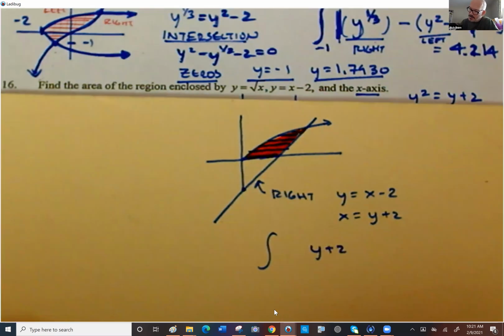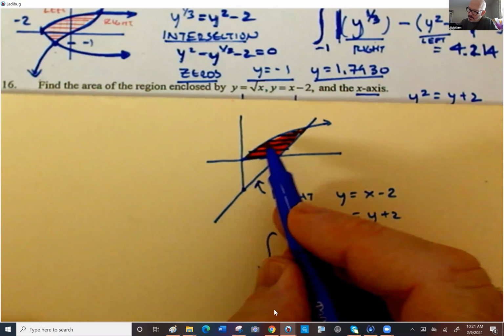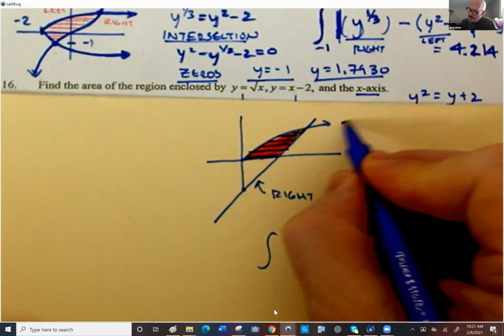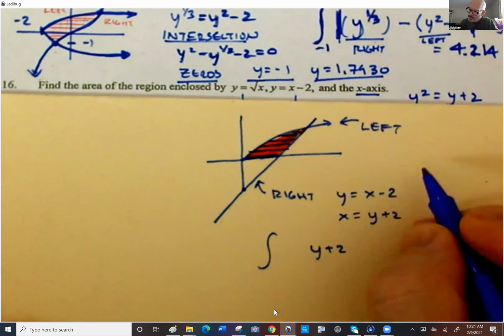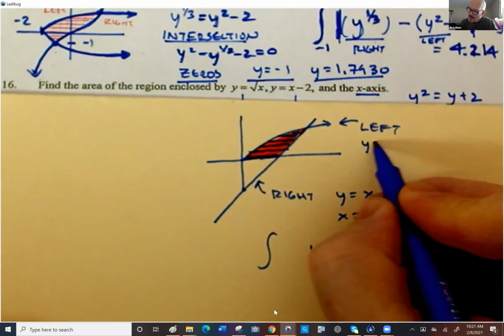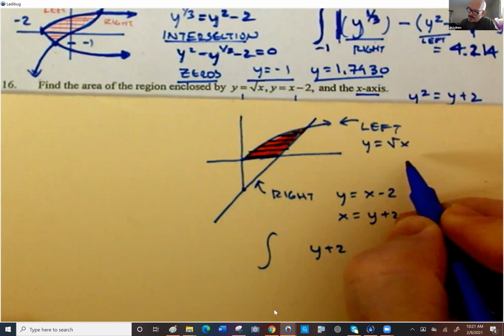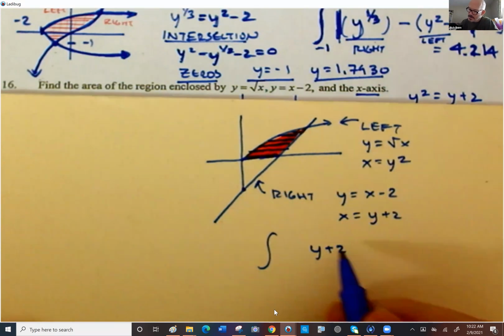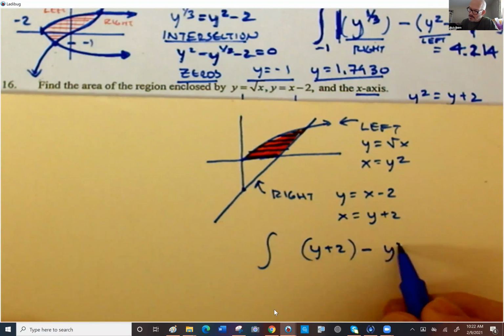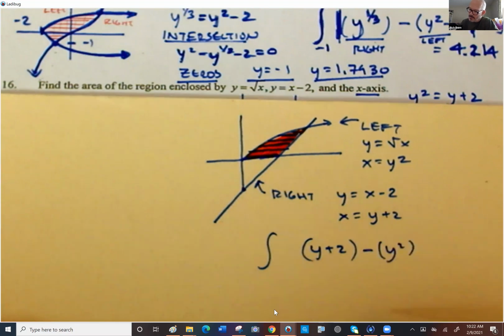And then the left function is just going to be this guy right here. That left function, y equals the square root of x, would be x equals y squared. That's my left minus my right with respect to y.